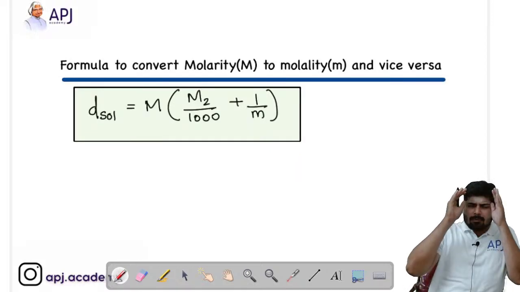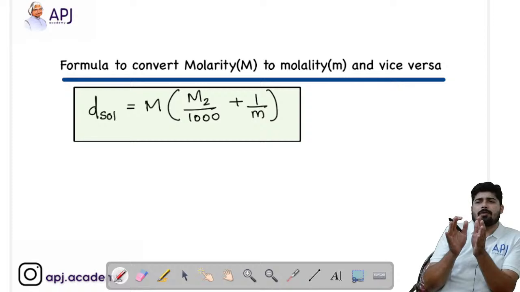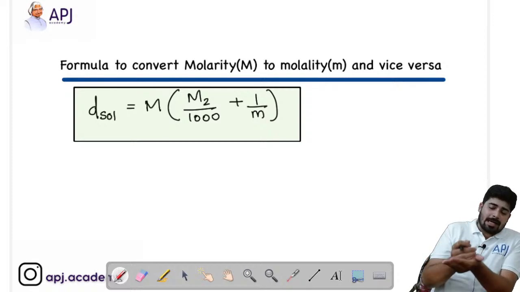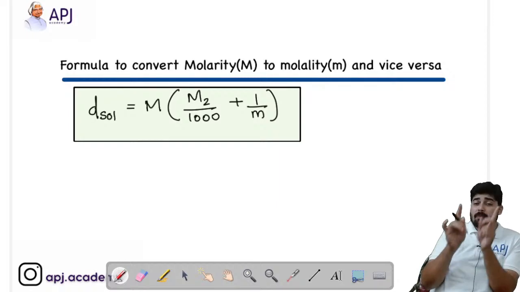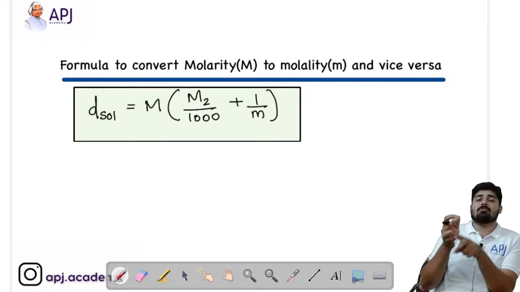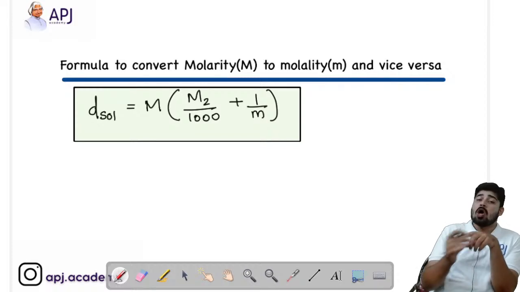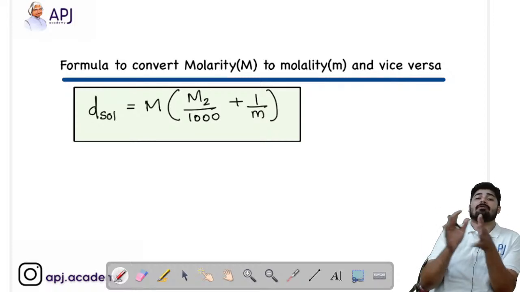See, this is a very important formula that you have to study. In JEE Mains, JEE Advanced or NEET, wherever you look, conversion problems from concentration terms are asked, especially the conversion from molarity to molality by giving density, or molality to molarity by giving density.